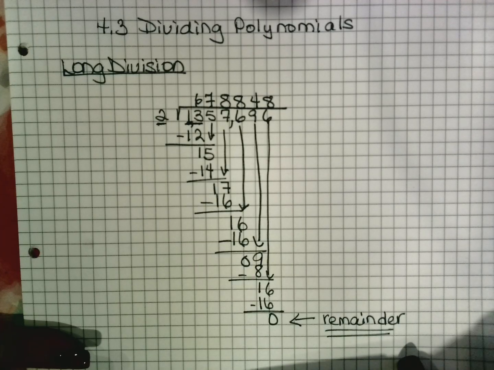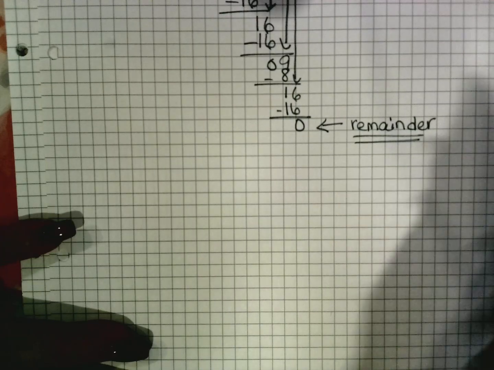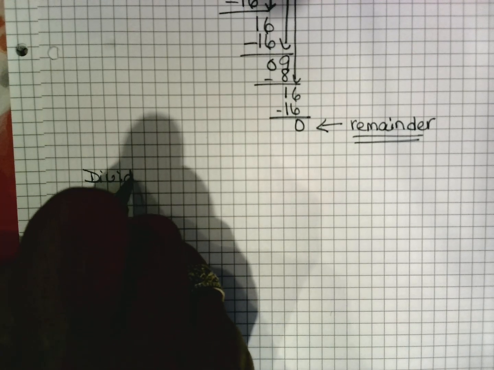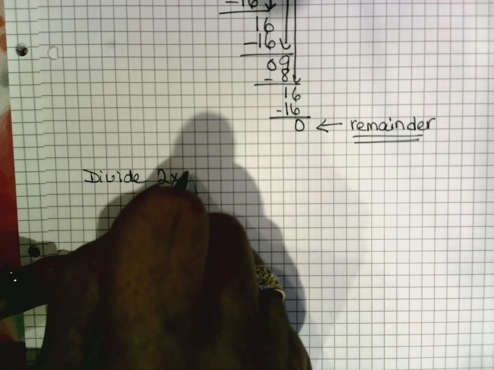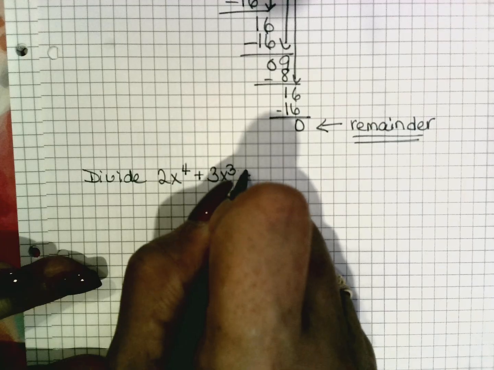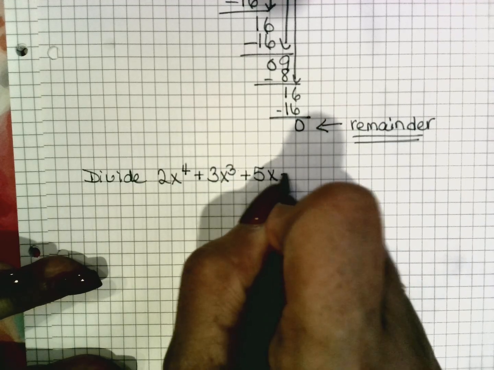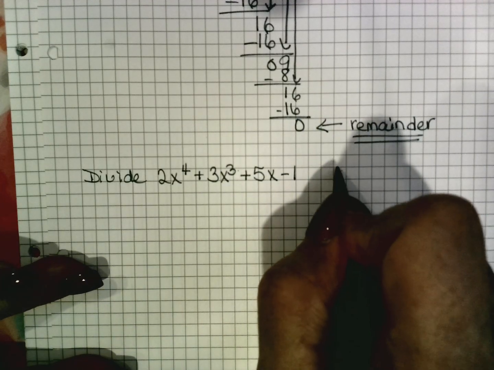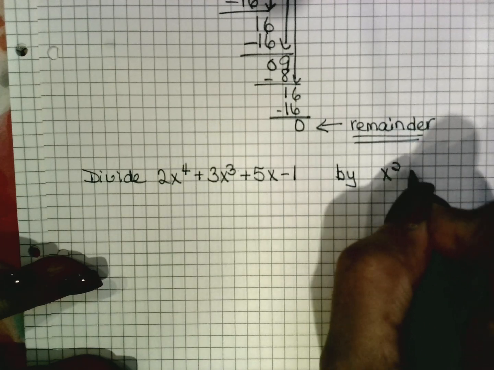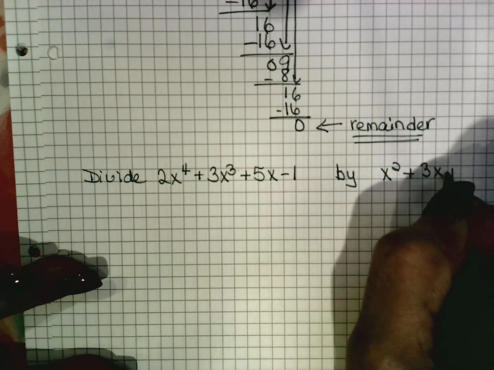Let's go ahead and take a look at this with polynomials. So let's say this is the problem. Divide 2x to the 4th plus 3x to the 3rd plus 5x minus 1 by x squared plus 3x plus 2.